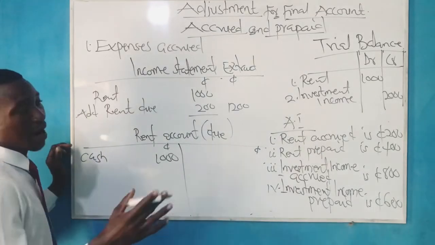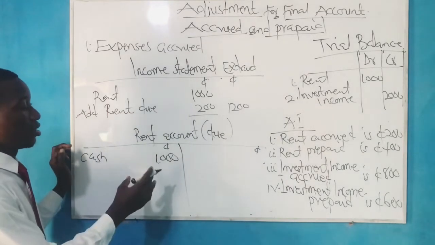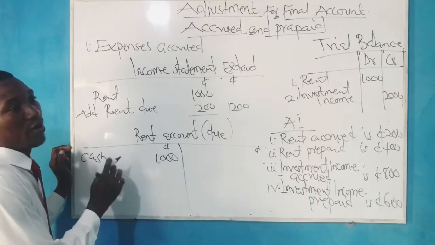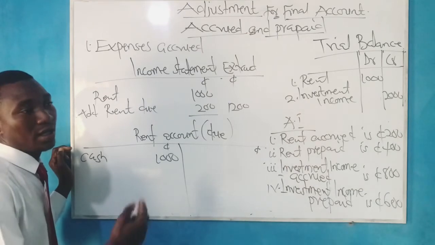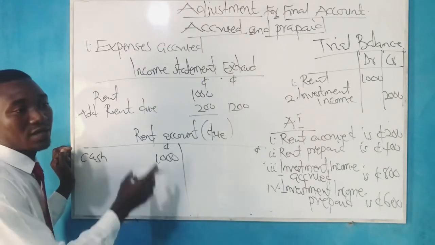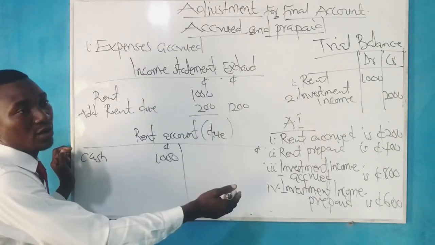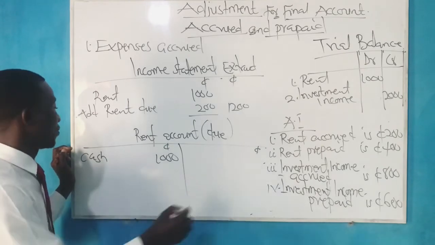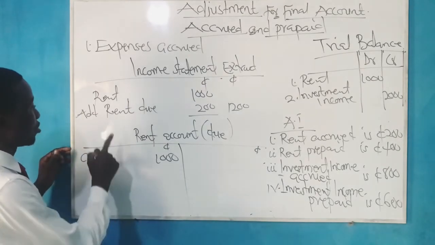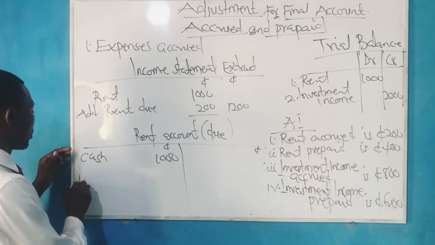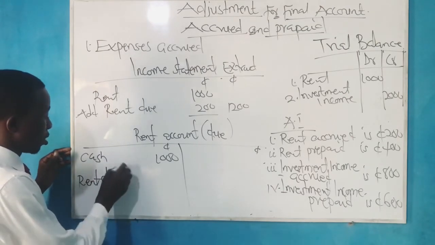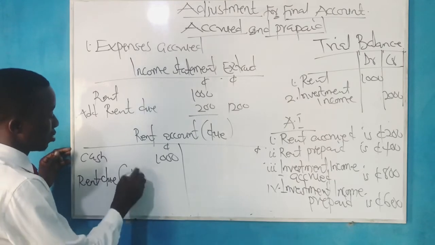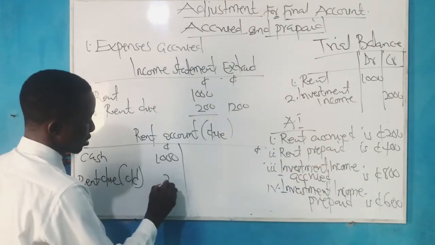So anytime you are adding an amount in a ledger, if the account has a debit balance, you record it at the debit side, and anytime you are subtracting an amount in a ledger account like this, if the account has a debit balance, you record it at the opposite side or the credit side. Is that okay? So we are adding, so we are going to record the rent due or the rent accrued, and this will be our balance c/d, and the amount is 200 cedis.